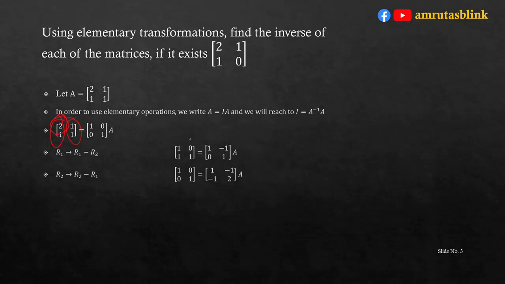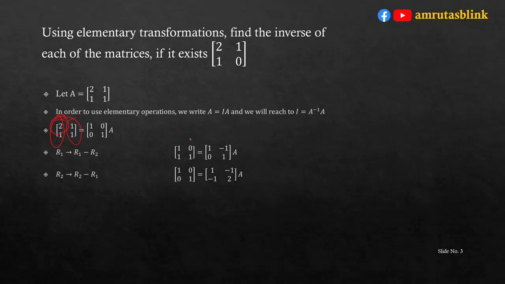In the first row we have already obtained 1 and 0, and the second row of the matrix on the left hand side is 1, 1, but we want it to be 0 and 1. So, we subtract R1 from R2, so that we get 0 in the second row first column. R2 becomes R2 minus R1.